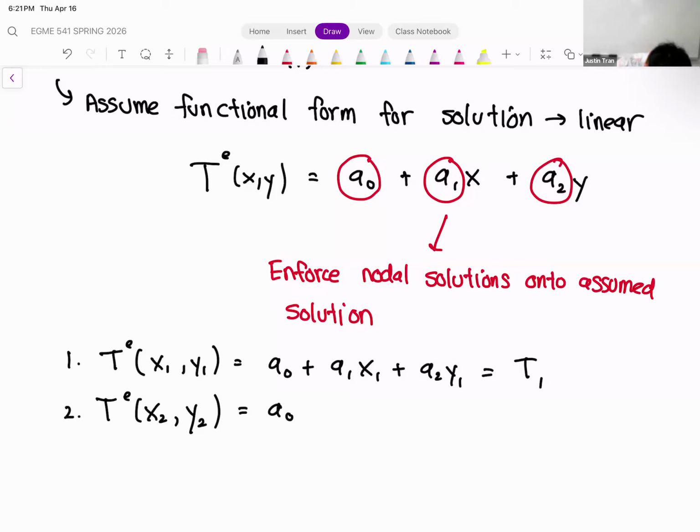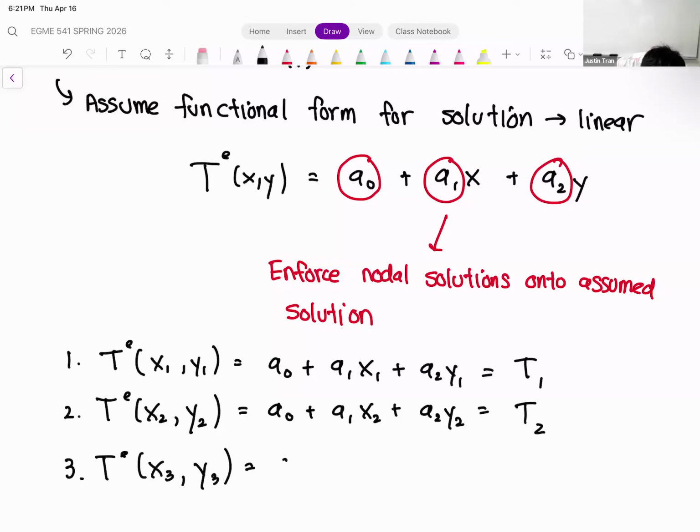So this is a0 plus a1 x2 plus a2 y2 is equal to T2. And then finally we have the solution at the third node. This is T^e at x3, y3, which is a0 plus a1 x3 plus a2 y3, equal to T3.